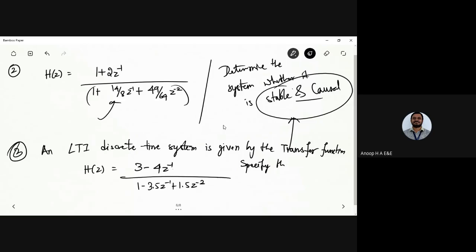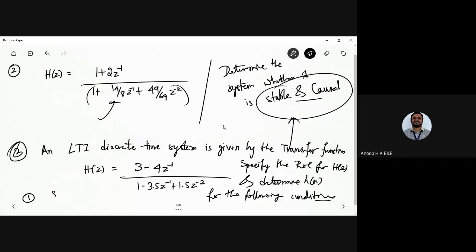Specify the ROC for H of z and determine h of n for the following conditions. First condition: the system is stable.